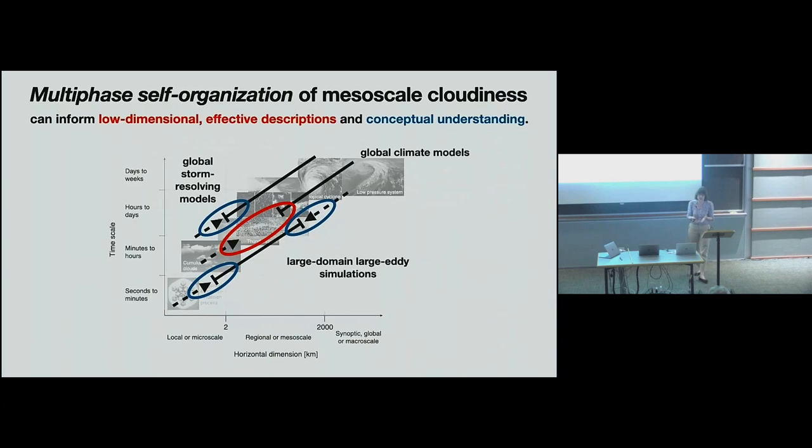I think this can help us come up with low-dimensional effective descriptions that, for example, we could then put into the global climate models to close this gap. And this might also provide us the conceptual understanding we need to know how to construct the closures and the boundary conditions of our models to get a good grasp of these mesoscale cloud fields.